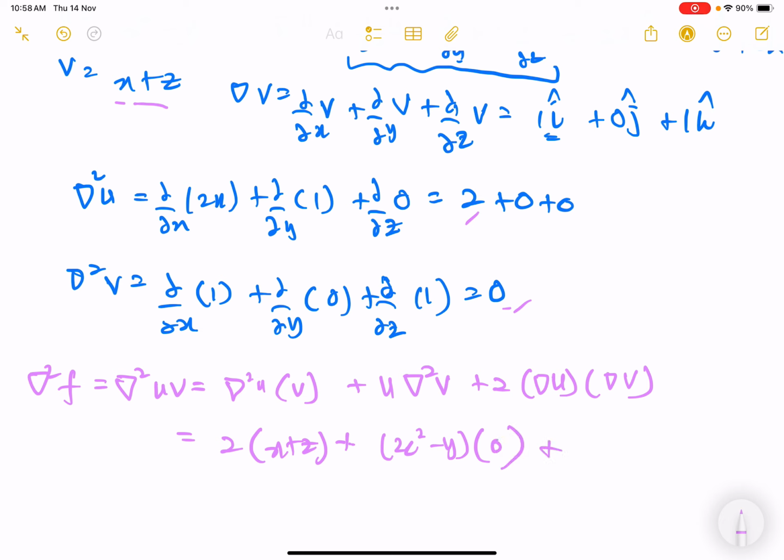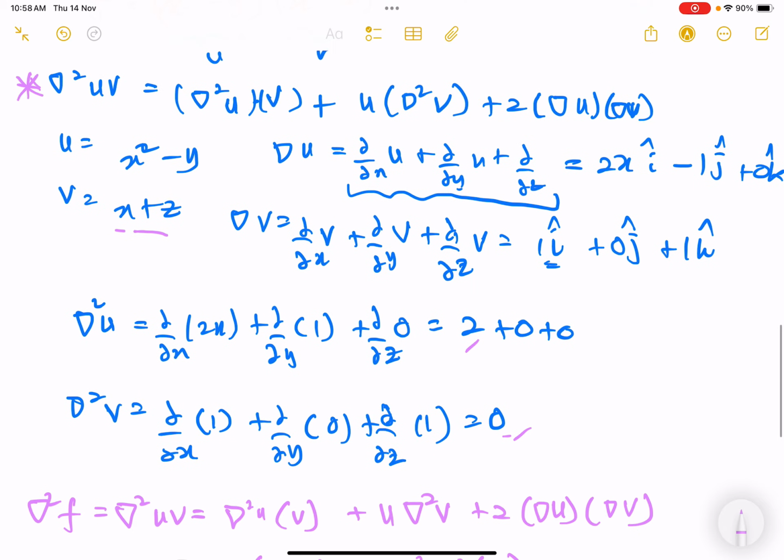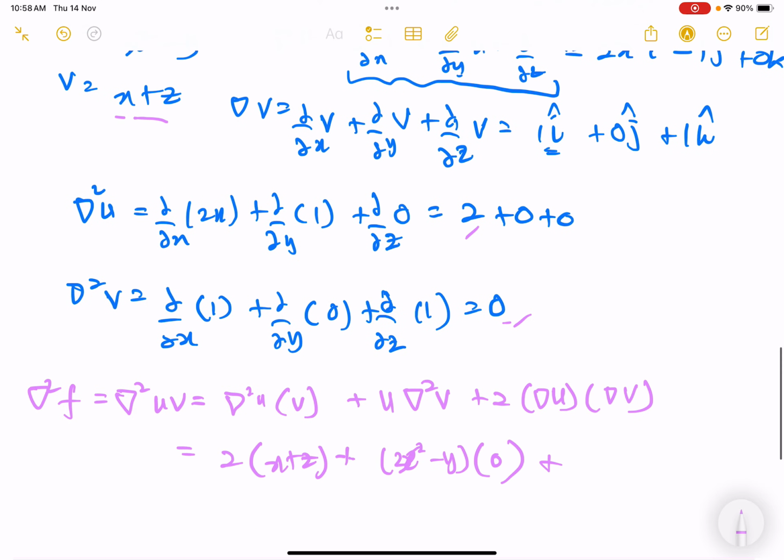So everything multiplied with 0 is 0, times x squared minus y. Sorry, I should.